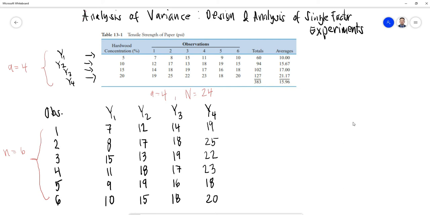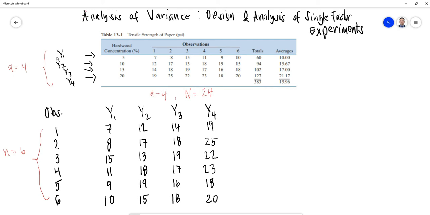We're going to find, using ANOVA, or analysis of variance, in investigating 24 random experiments at alpha 0.01 whether different hardwood concentrations affect the mean tensile strength of the paper or the product. Take note that small a is the number of groups.